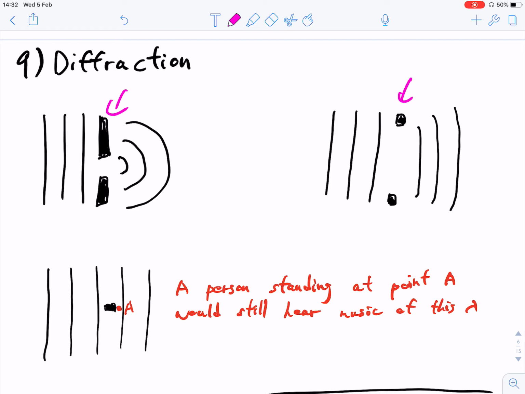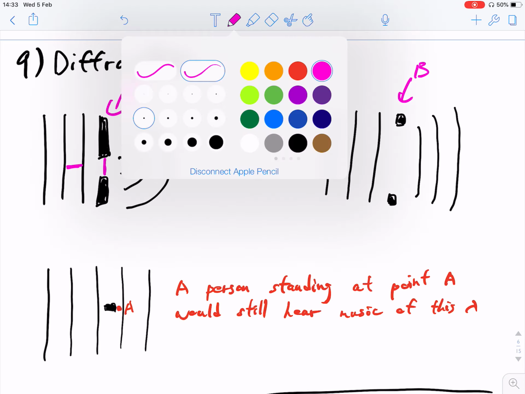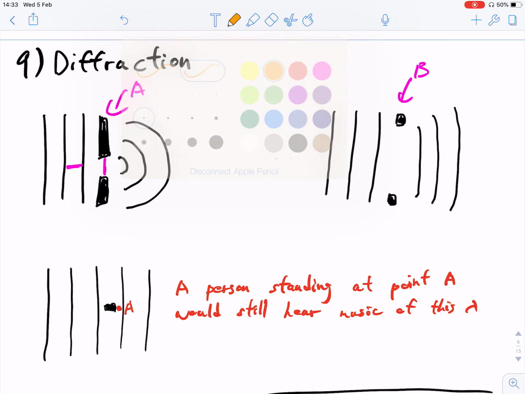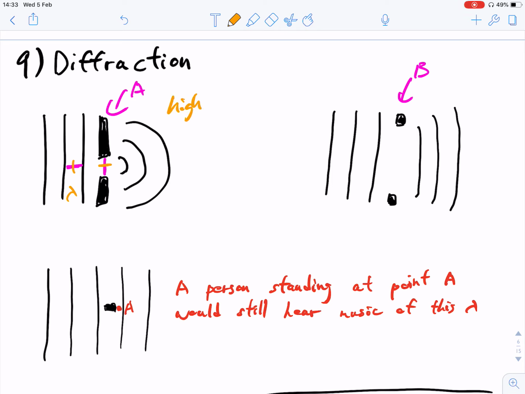And in this first example here, in example A, where the hole is approximately equal in value to the wavelength, then we have a high amount of diffraction.